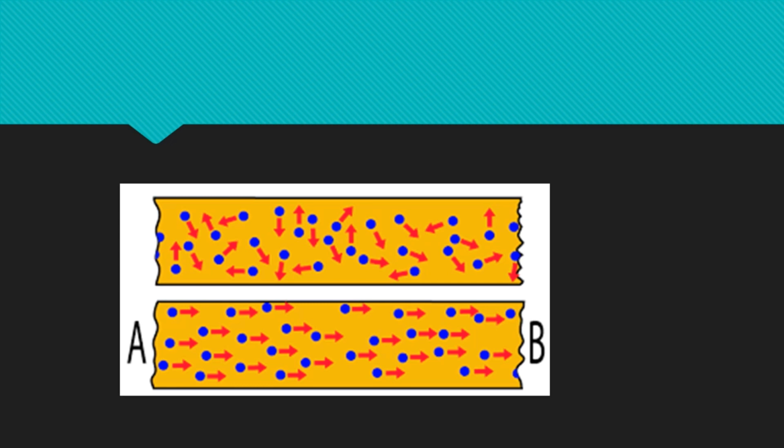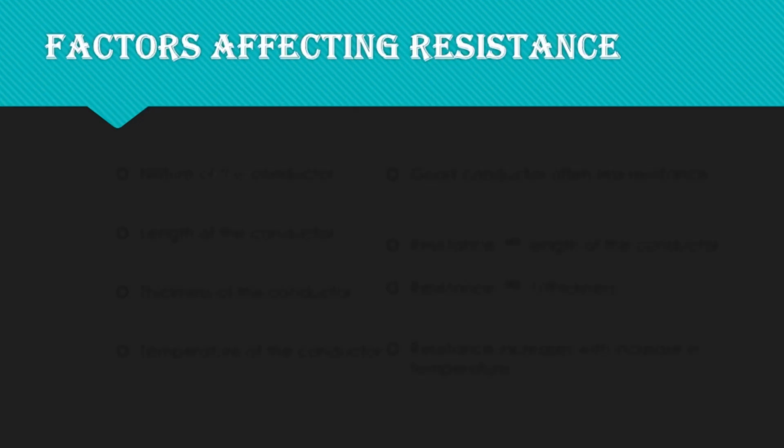But there is a drift of electrons towards the positive terminal and it is offered as resistance. Hence, the resistance of a conductor depends on the number of collisions suffered by the electrons with the positive ions. Now let us see the factors affecting resistance.